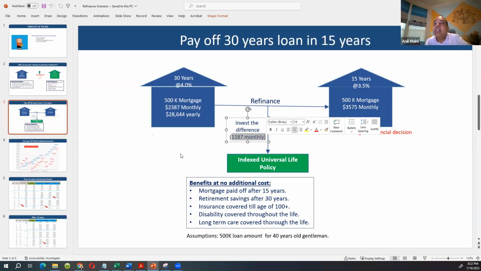So in the 16th year, zero money will come from their pocket towards the mortgage. The wife is also happy that her home is almost paid off after 15 years, because from their earnings they are not making any payments toward the mortgage. They are withdrawing money from the IUL and paying off their mortgage. Got it.